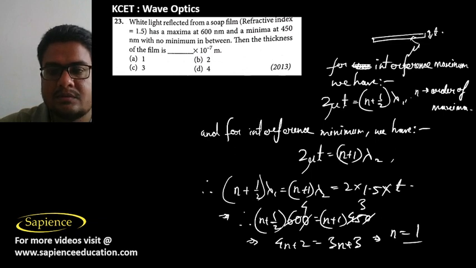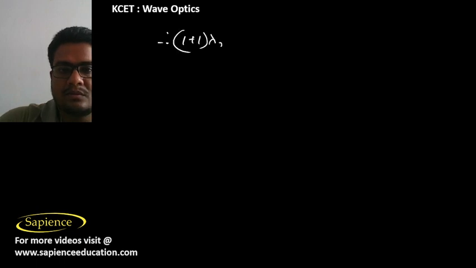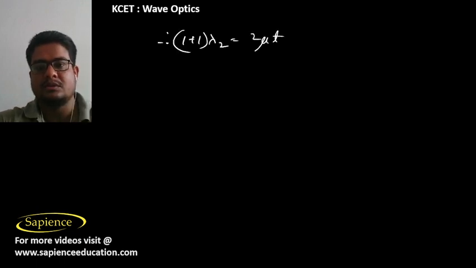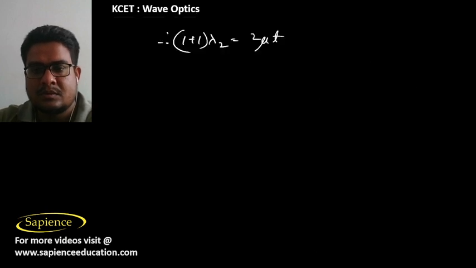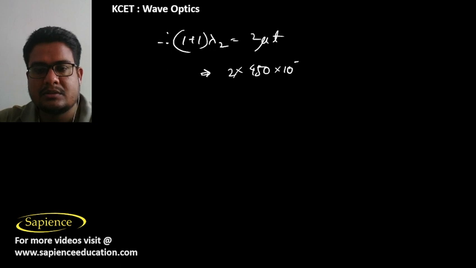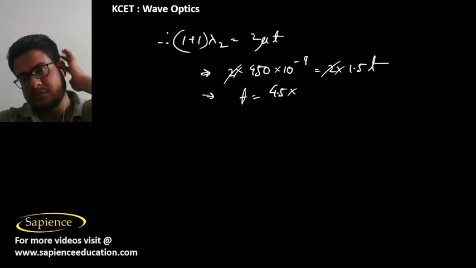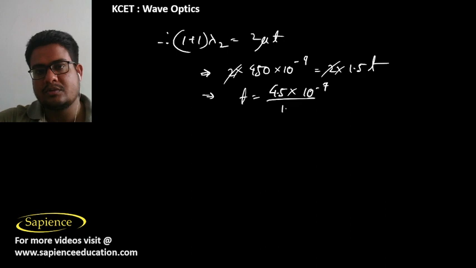Therefore the thickness we have to find. (1 plus 1) into lambda 2 is equal to 2 mu into T. So 2 into 450 nanometer, 10 power minus 9, is equal to 2 into mu 1.5 into T. So 2 and 2 will cancel out, and T will be equal to 4.5 into 10 power minus 7 divided by 1.5.